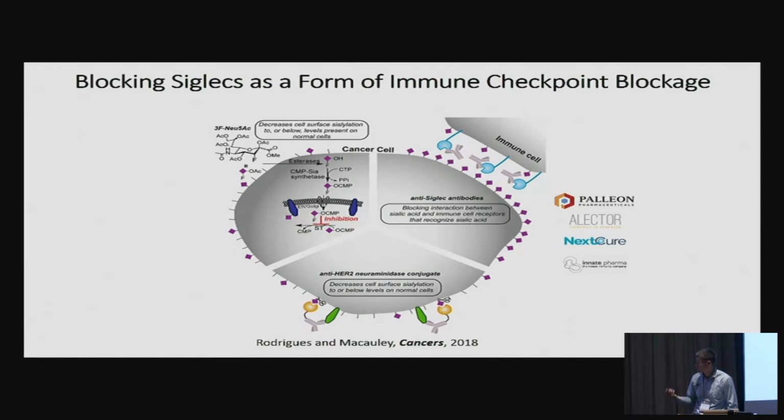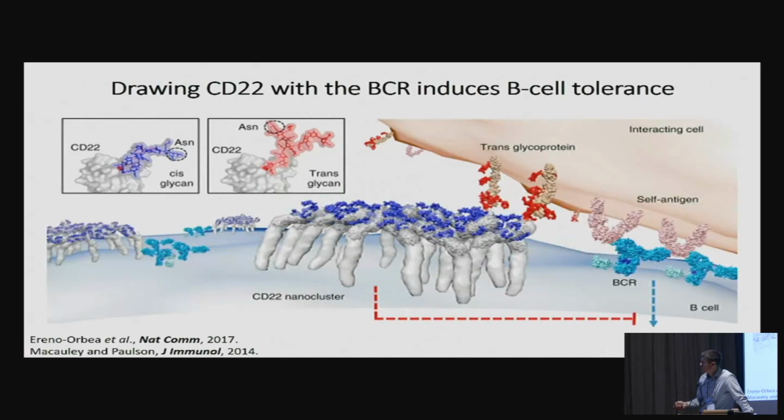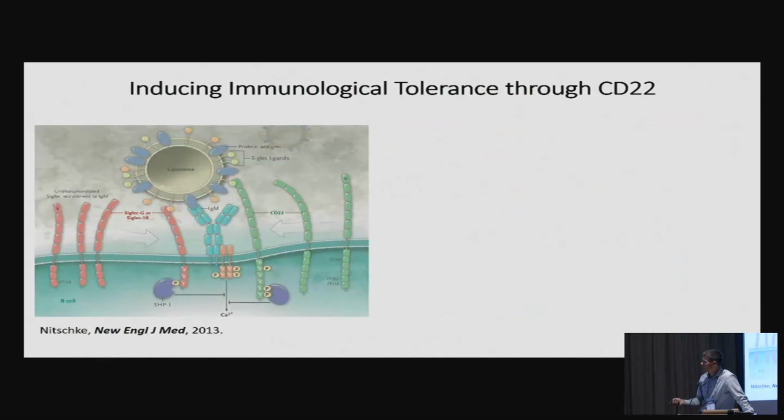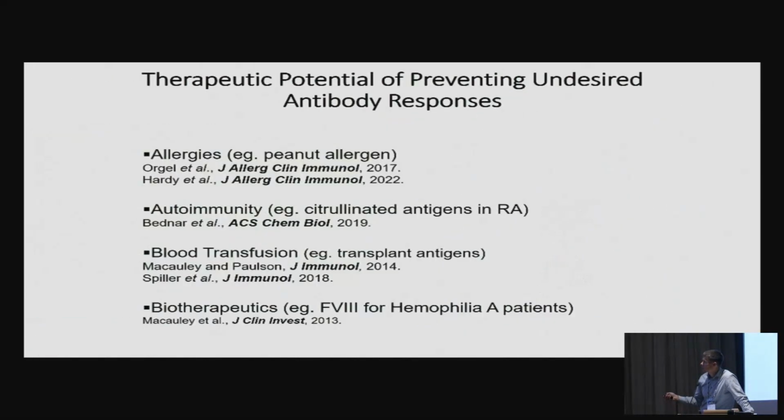The opposite is when you would want to decrease an immune response, and that would be in the case of, for example, allergies and autoimmunity. This is something that Jim Paulson's lab, which I was fortunate to be a part of, has really moved forward. I'm not going to get into it, but these are really great opportunities for dampening immune response.